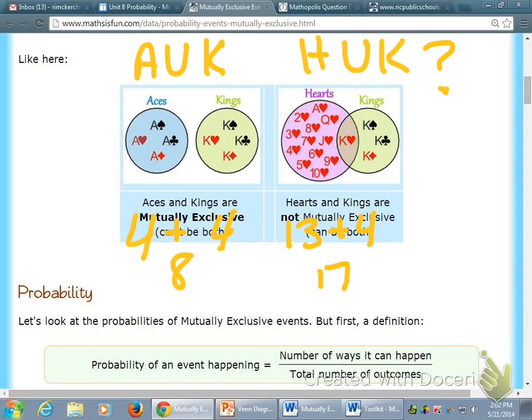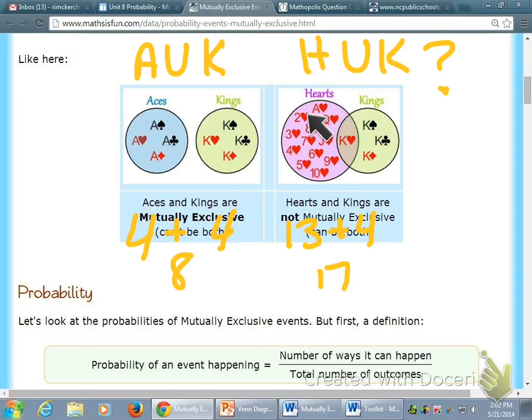Why doesn't that work? Because there's a king of hearts that goes into both. Right here, there's an intersection, and you actually counted the king of hearts twice. You counted it one time when you said 13, and again when you said 4. So this really doesn't work.